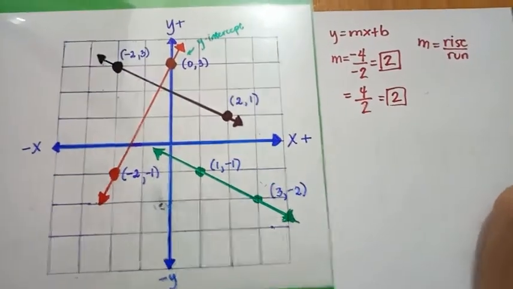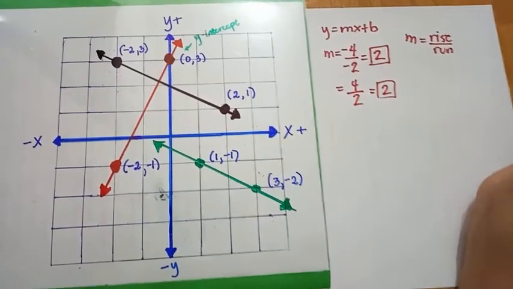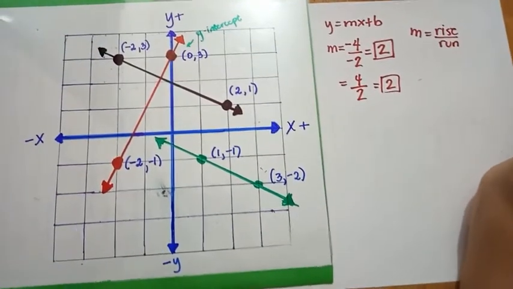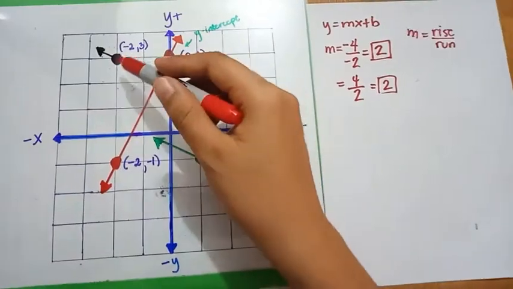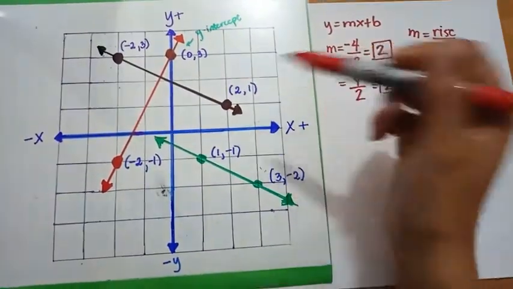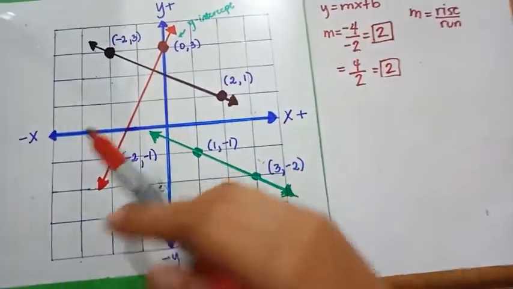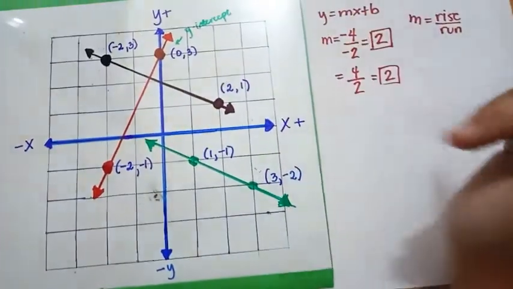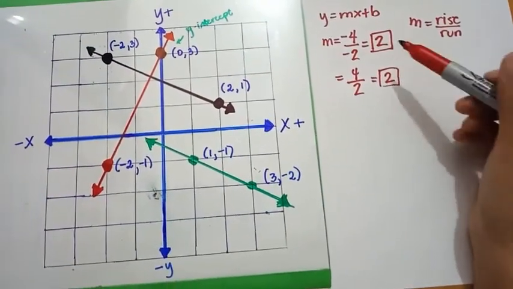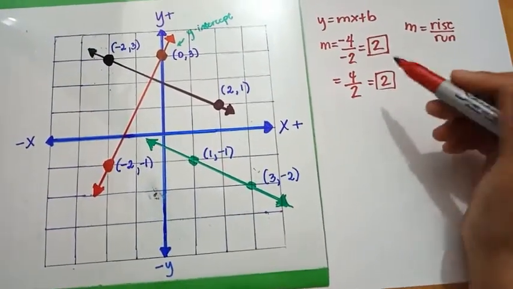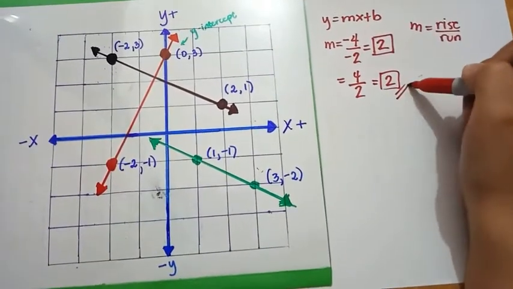Okay? Ayan. So, tatandaan nyo na lang para hindi na kayo nalilito, no? Rise over run. So, 4 over 2. Then, kung ang line nyo ay mula mababa pataas, its sign will be positive. Okay? So, we have already identified the slope.